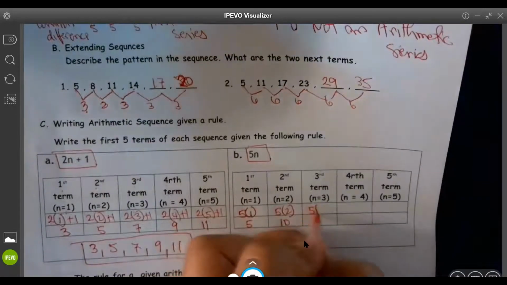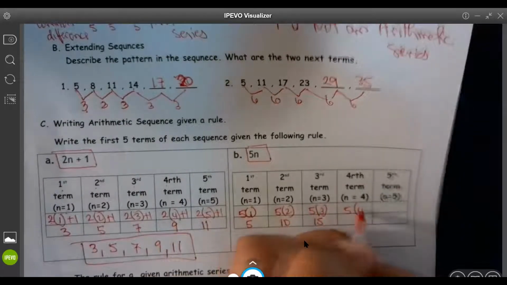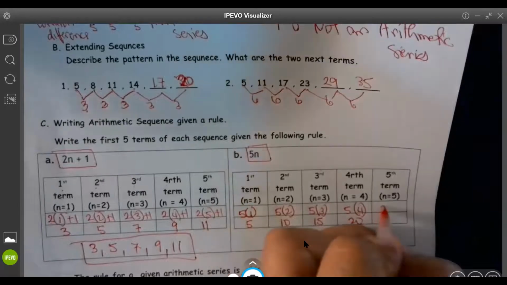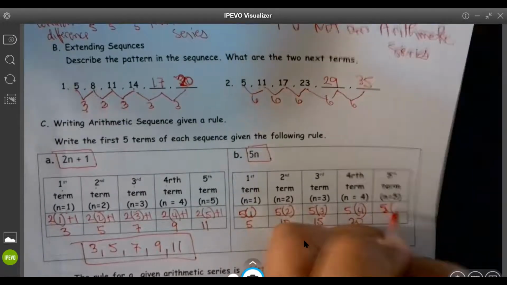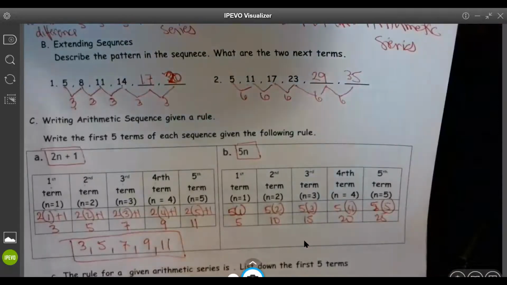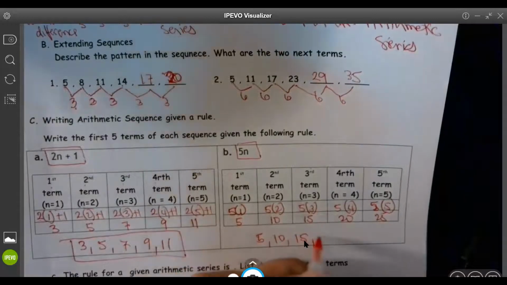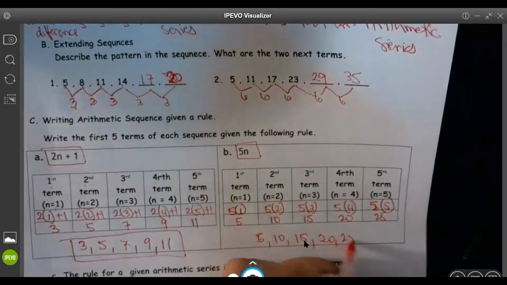So 5 times 3 is 15. 5 times 4 is 20. And 5 times 5 is 25. So the series of numbers will be 5, 10, 15, 20, and 25.